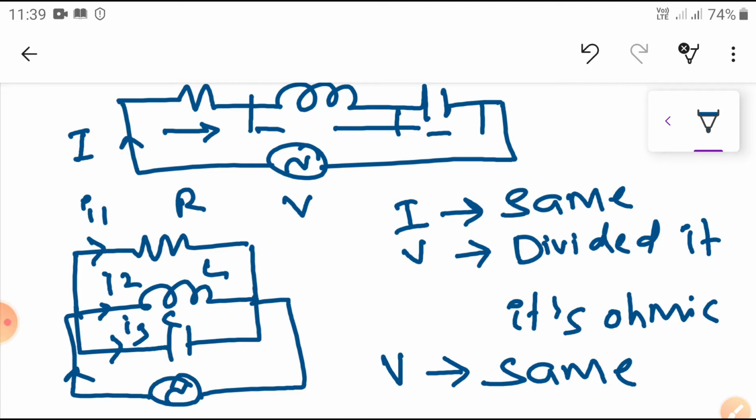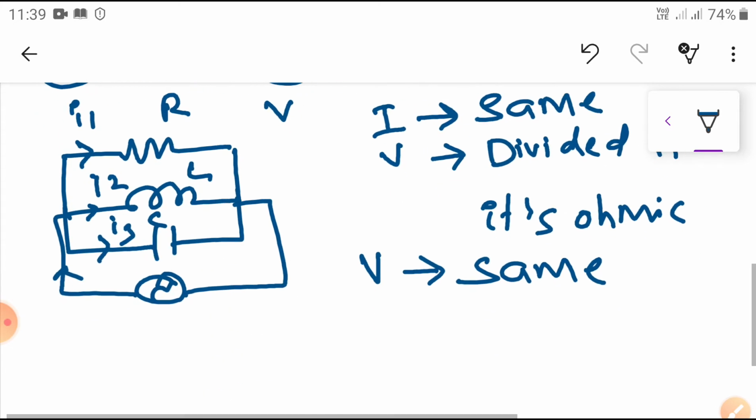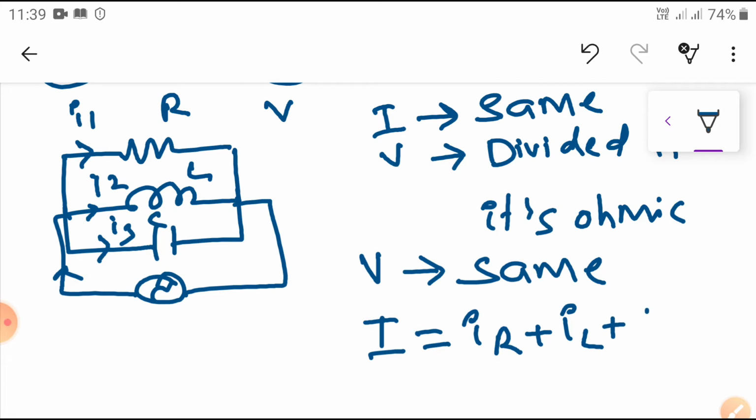In the series case the current is the same and the voltages are VR, VL, VC. In this case the voltage across each branch is the same, and the total current from the supply is the sum, IR plus IL plus IC. These are the currents flowing in the circuit.